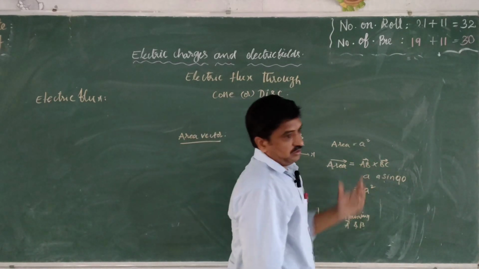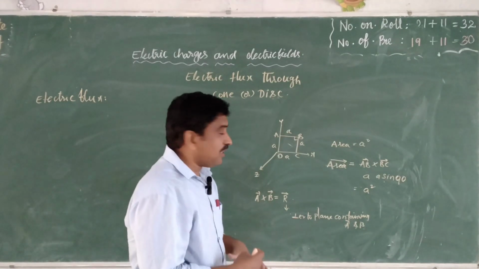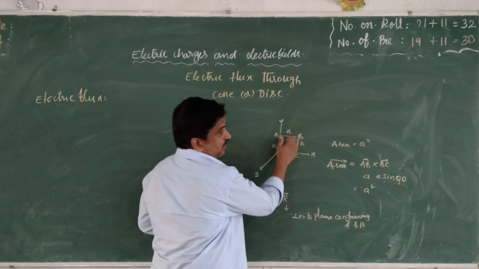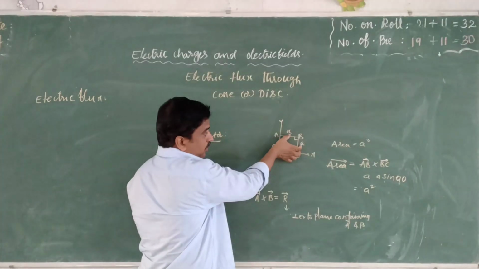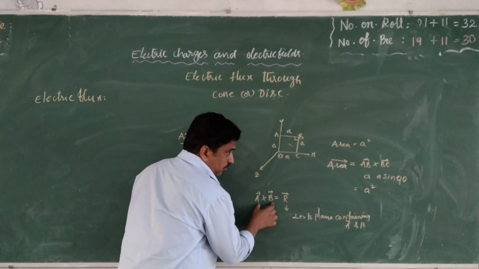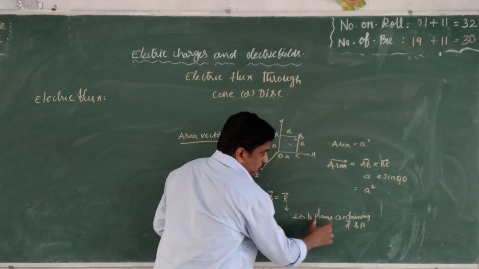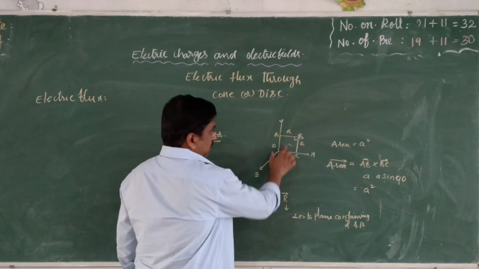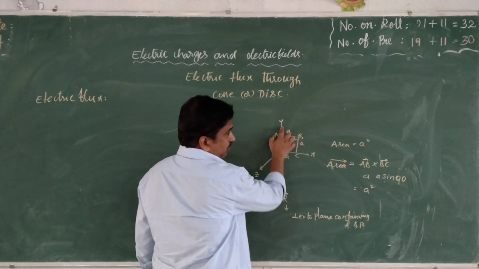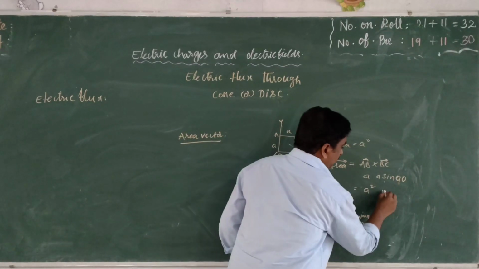Here AB and BC lie in the xy plane, so the perpendicular is the z direction, which we write as k cap.